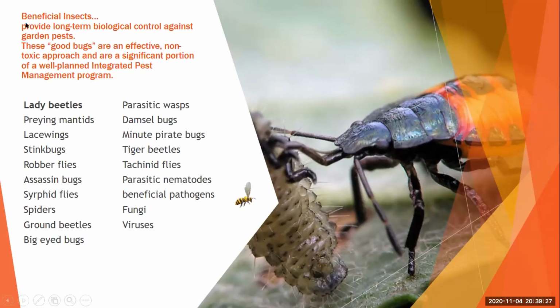They're examples of IPM, because these guys can eat the bad guys. So when you have integrated pest management, the good guys are going to do the job. They're going to eat the bad guys. So ladybugs are good ones. You have all these types of organisms. They are good. They're going to do the job for you.